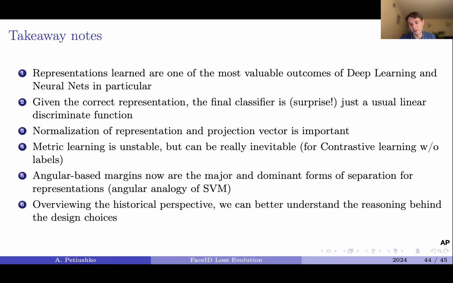But when you have this evolution, you can better understand the reasoning behind these design choices. Why do we have this normalization? Why do we have this dot product? What is the reason behind margins? Why, for example, do we need centroids? What is the connection with neural collapse, etc.